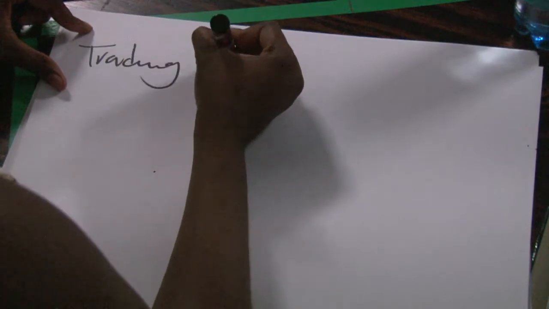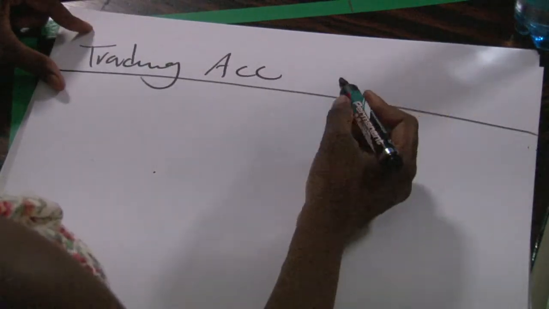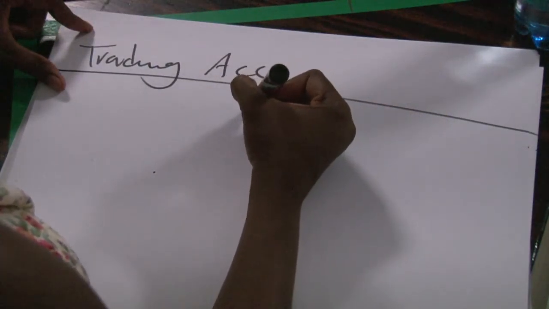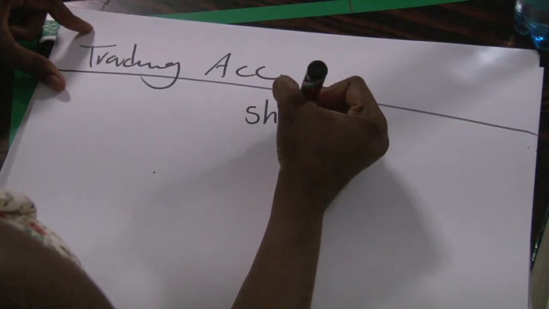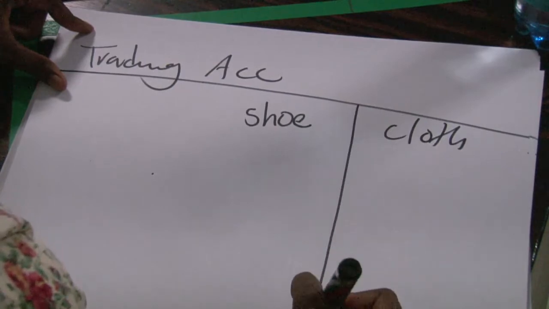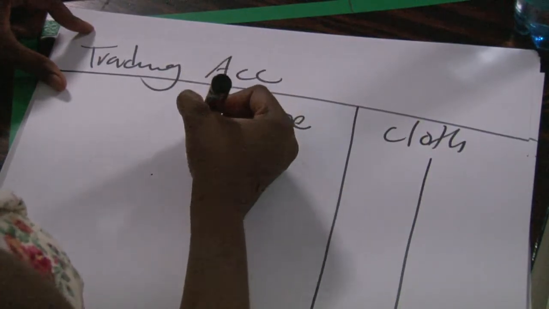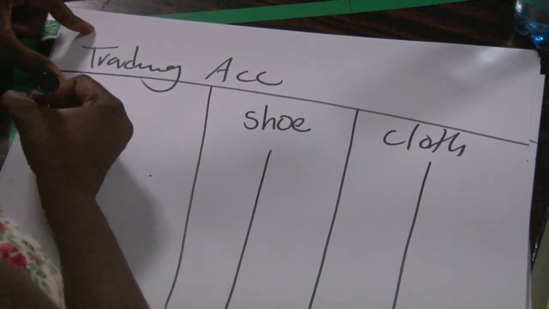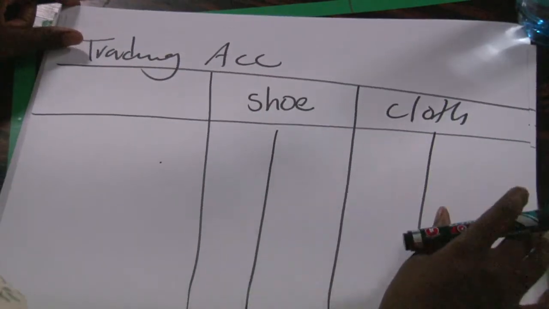Okay. Trading account. We have shoes, we have clothes. Now it's okay. Good.